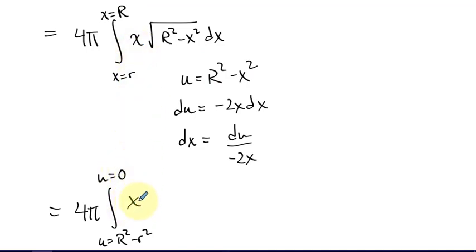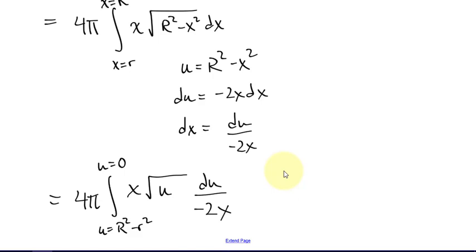I'm going to just copy the x for the moment. The square root of big R squared minus x squared is exactly the square root of u, and then the dx can be replaced with this differential du divided by negative 2x. Well, the whole reason the substitution was chosen was because these x's get canceled out in the integration, so everything is in terms of u. That's a good sign.